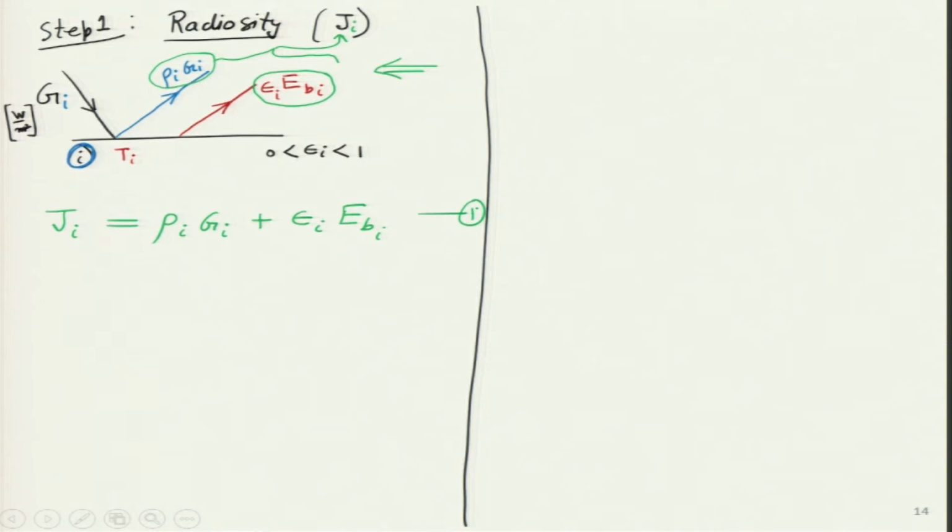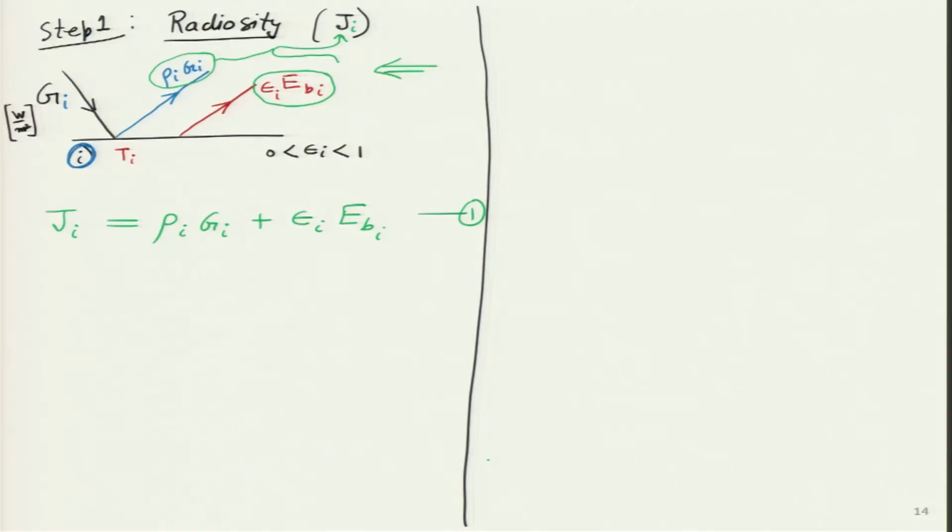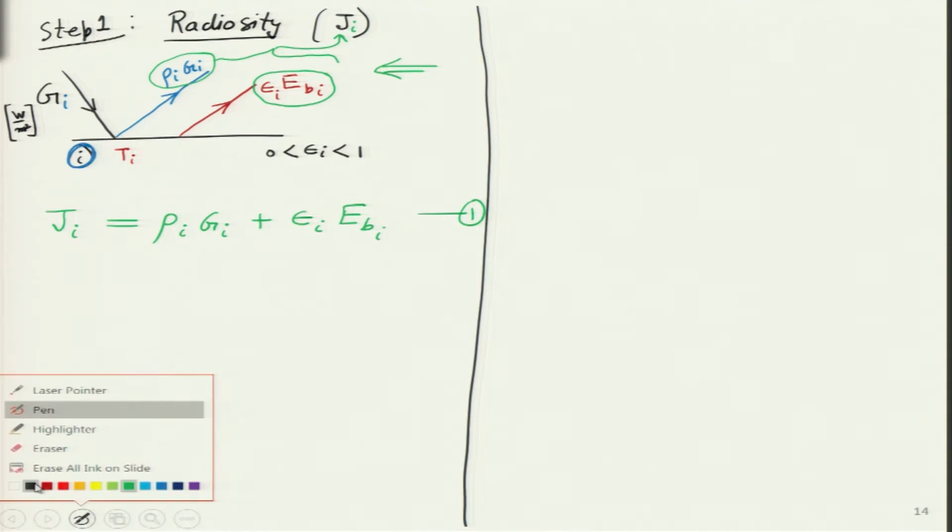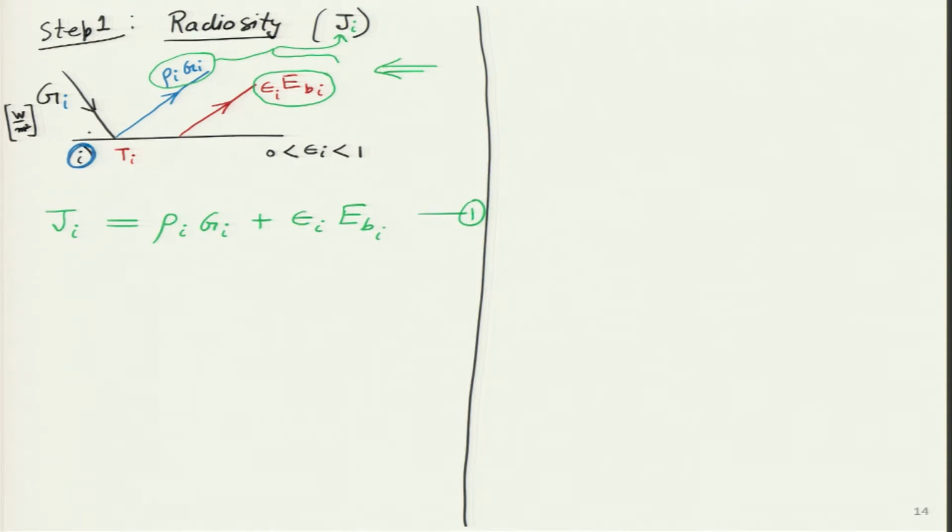I hope, students, this point is clear. All the terms in this equation have the units watts per meter square, so we are talking in terms of the rate of radiative heat transfer per unit area. Secondly, we are assuming that this surface I is an opaque surface.